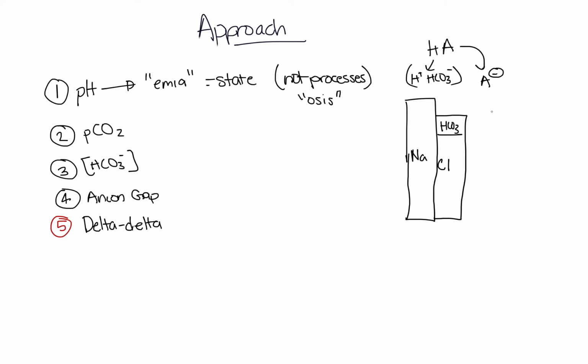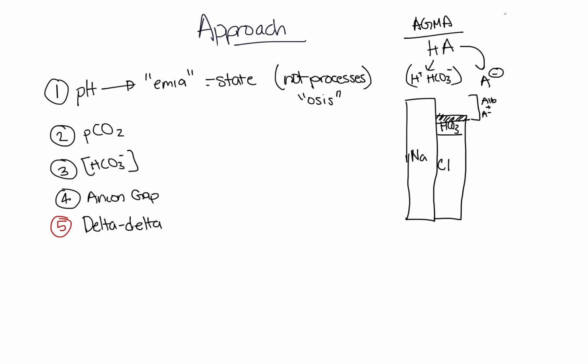As this happens, our bicarbonate is slowly consumed, and this larger thing becomes your albumin plus your additional anion, which may be your lactate or your keto acid, for example. This is what an anion gap metabolic acidosis is doing.